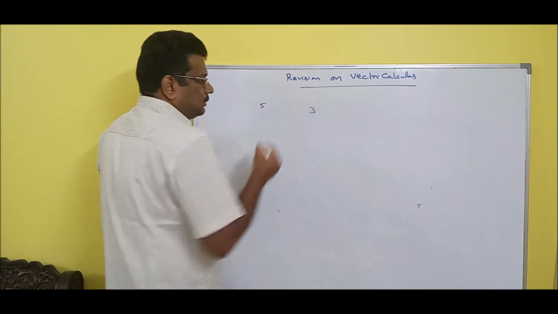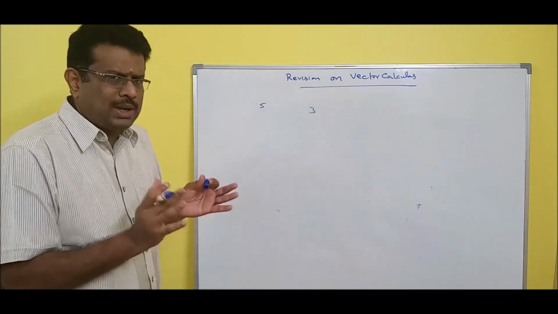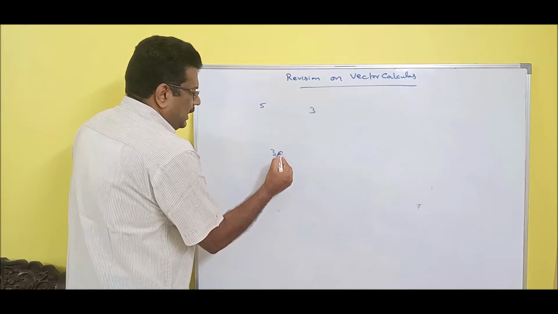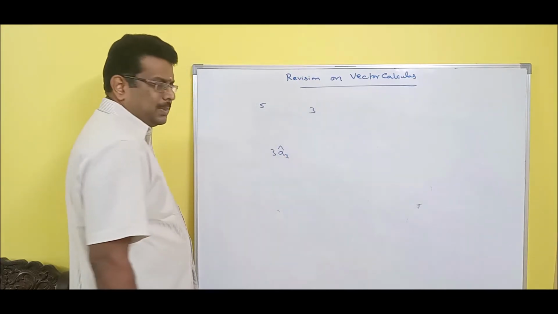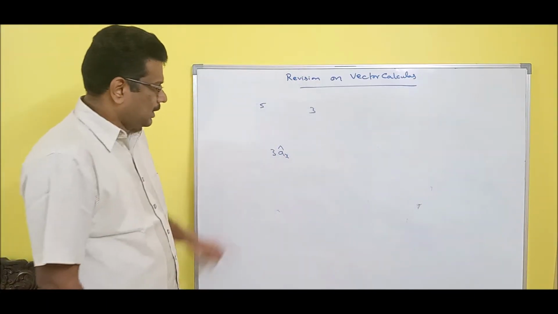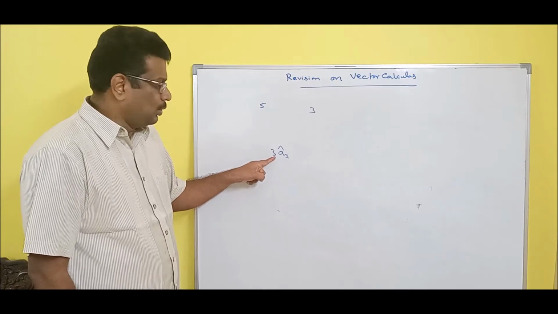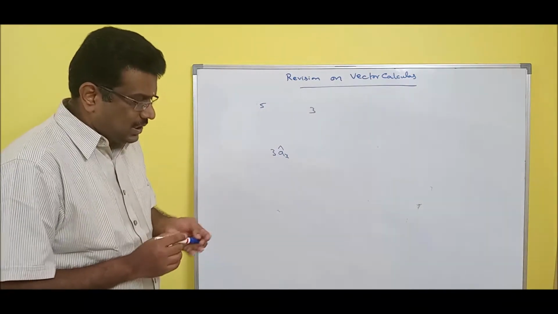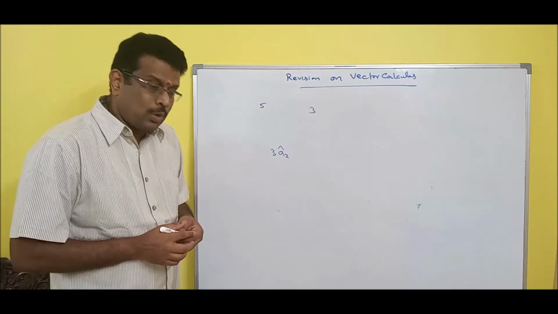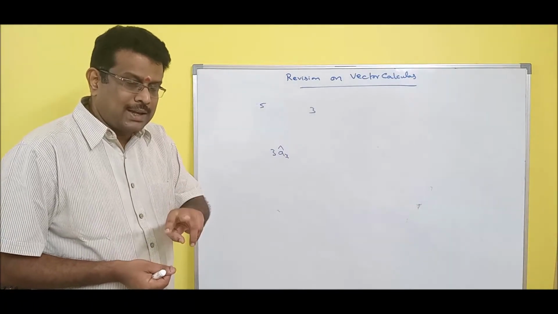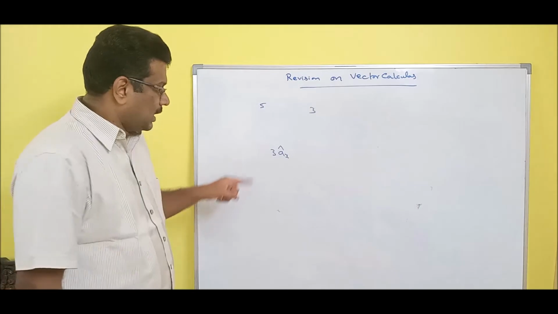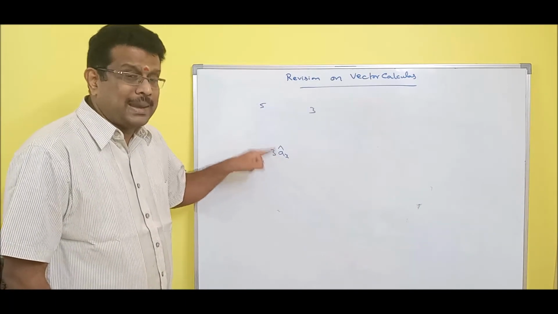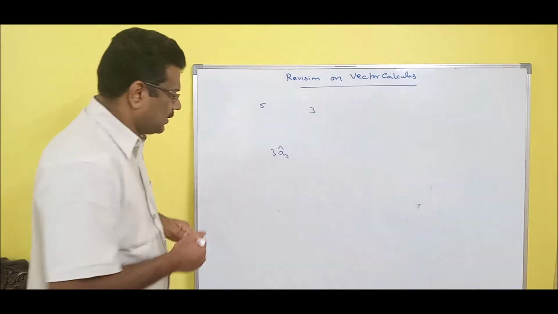Number 3 is a scalar because it is only a value, magnitude. 3ax cap means vector. 3 is the magnitude, ax cap is the direction. Please remember, what is the definition of the vector? It is a quantity which has both magnitude as well as direction. What is the magnitude? 3. What is the direction? Ax cap, x direction.